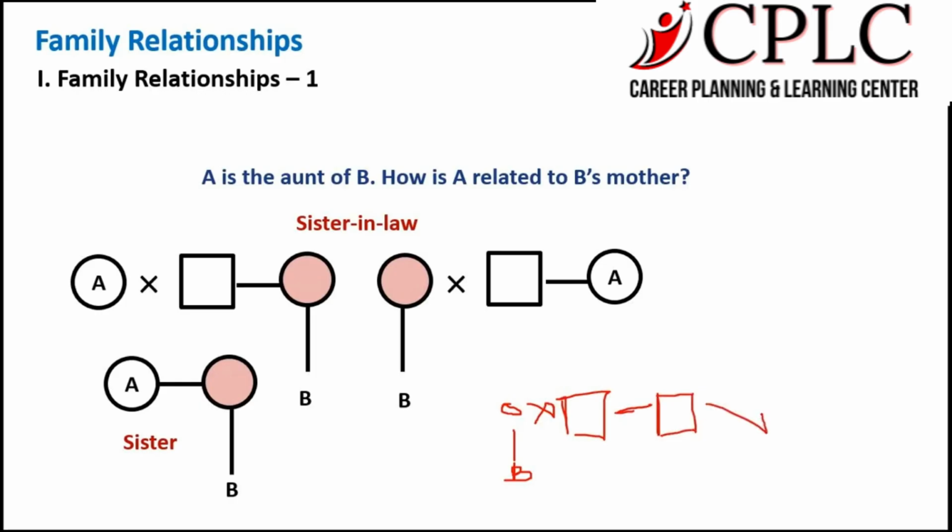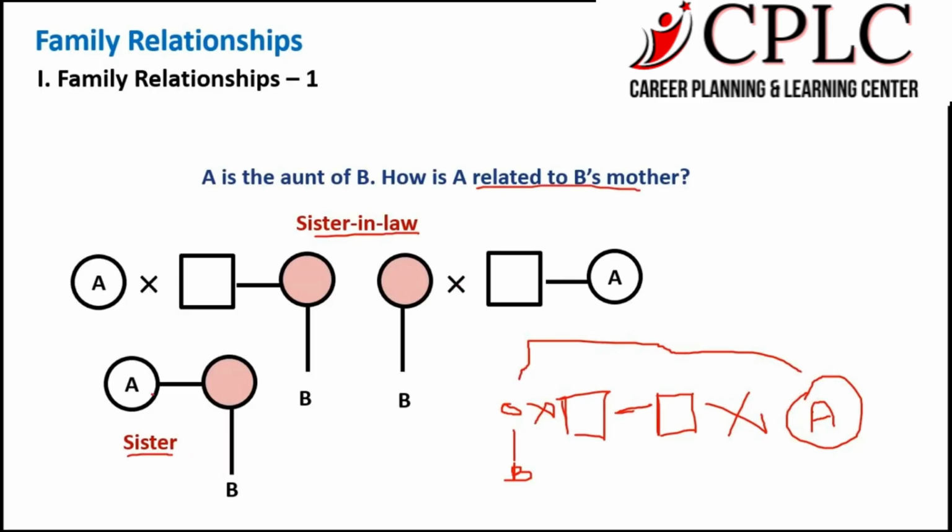He has a brother, and this is A, which is again auntie or aunt, as you can see. Basically this is the chachi wala scenario. And now if I still want to find out how A is related to B's mother, again the answer has to be sister-in-law.